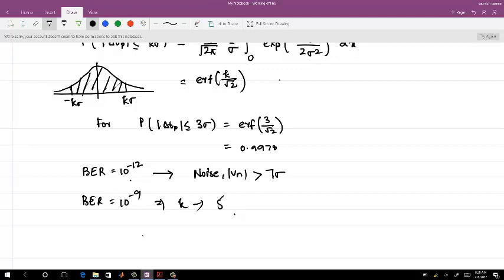The statement is this. So now when the noise amplitude is restricted to 5 sigma, then your bit error rate will actually be much better than 10 power minus 12.